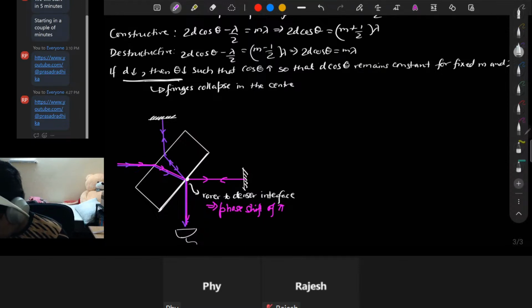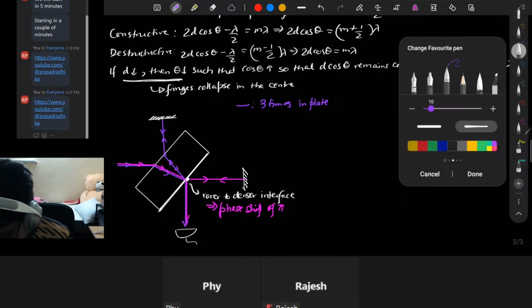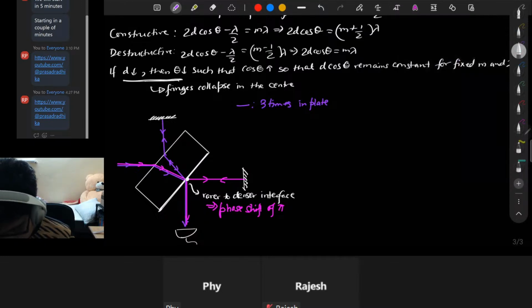But notice that there is another thing happening over here. If you look at the purple ray, then it goes 3 times in the plate, in the medium of this beam splitter. How 3 times? It goes in here once, then gets reflected, then when it comes back from the mirror, again it traverses this path and then comes out. So 3 times in the plate.